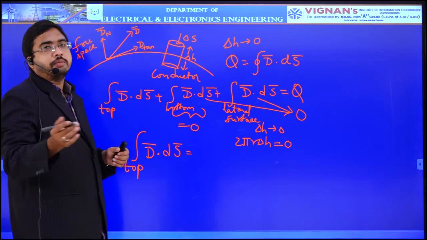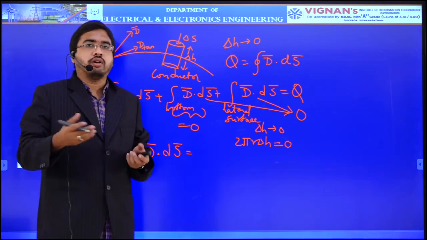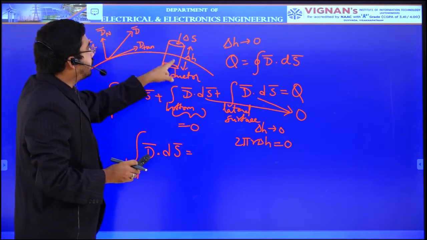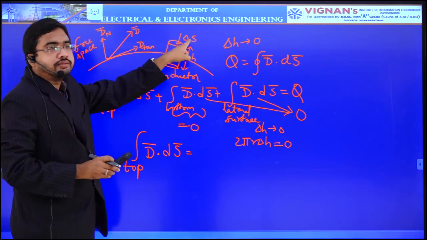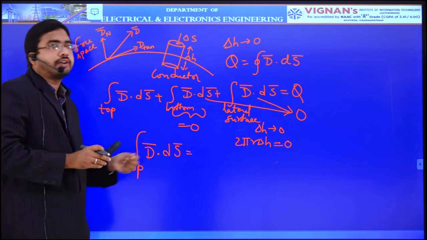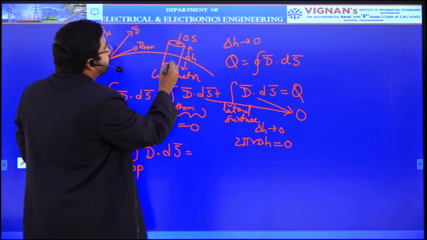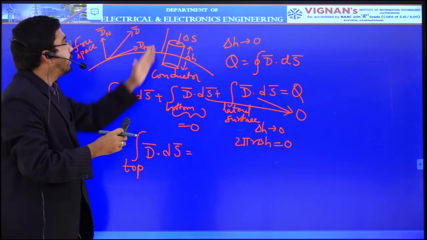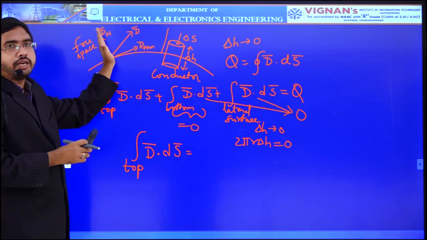What is A bar dot B bar? Mod A bar mod B bar cos theta. So here, top side, which one is matching? Top side delta S. Delta S is the surface area from the top side. And which component is matching with this vertical direction? In this vertical direction, your Dn bar component is matching.